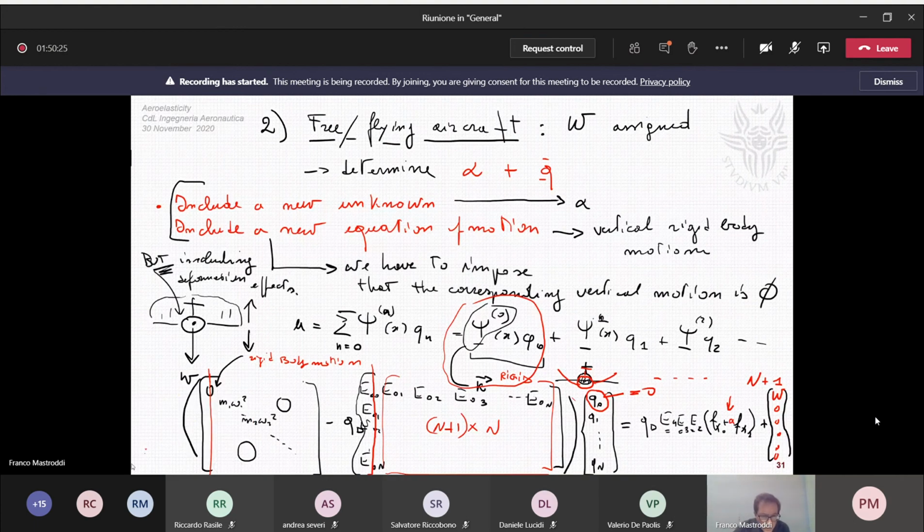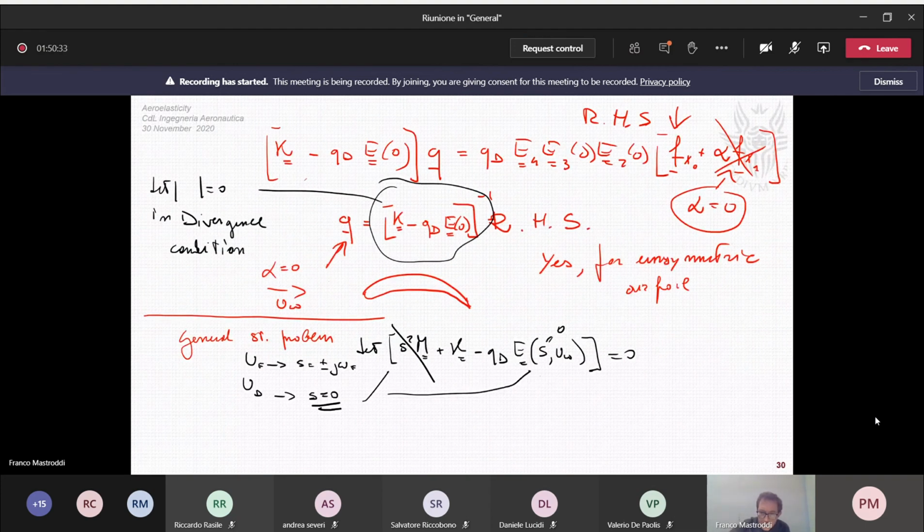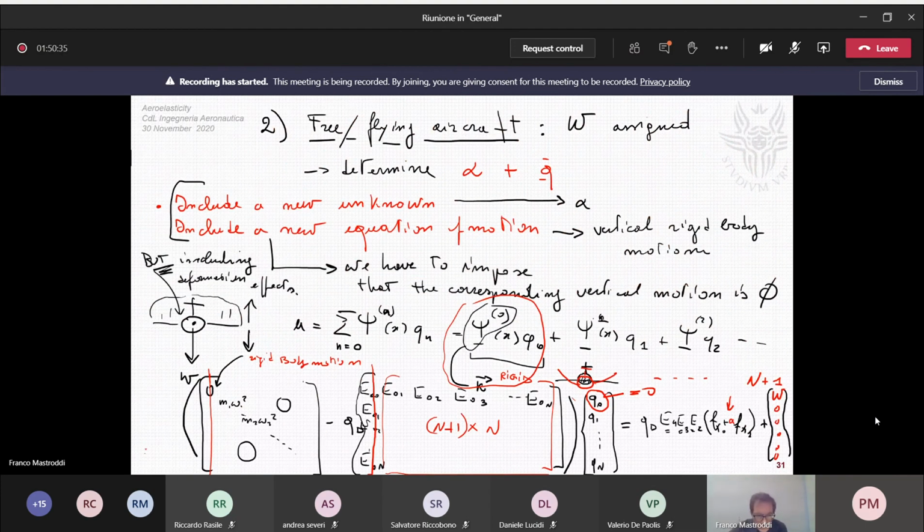This equation is the following. We have this zero contribution, this not zero contribution, and this contribution here. Okay?